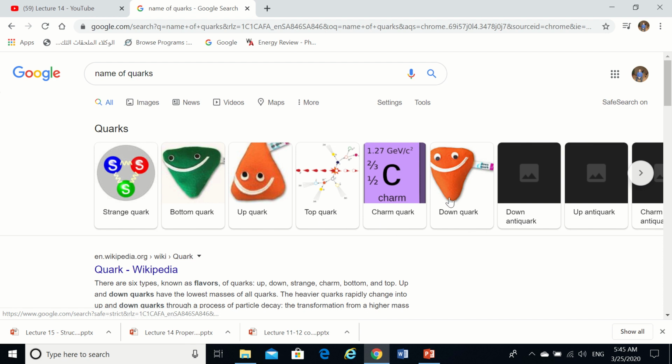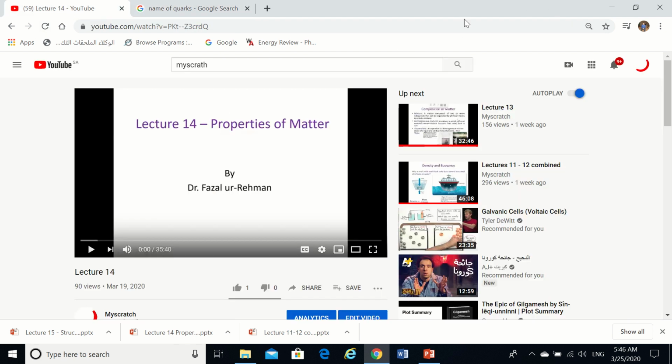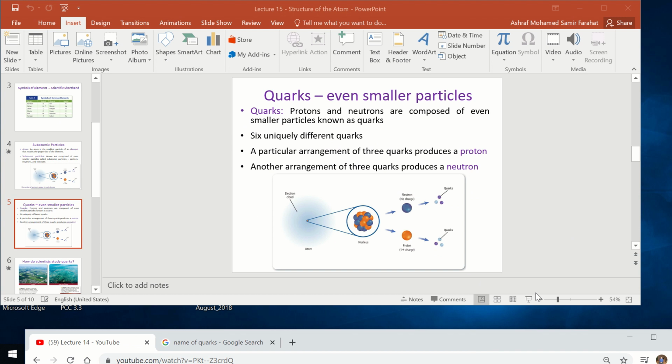Okay, so the names of the 6 quarks are up, down, top, bottom, strange, and charm. Okay, so let's keep moving.